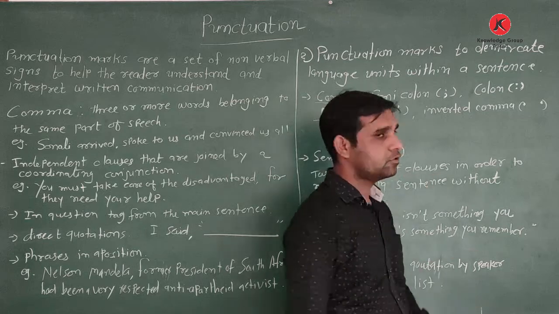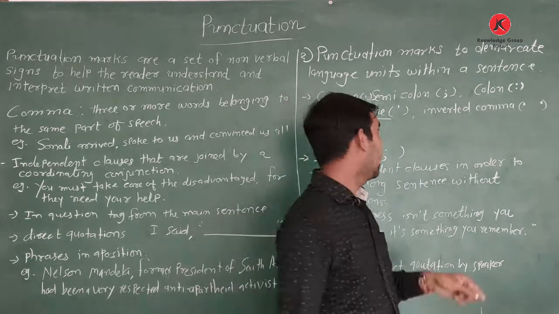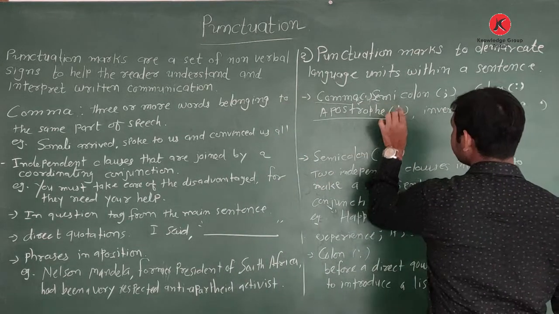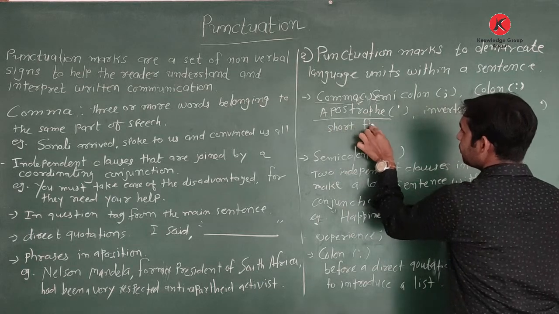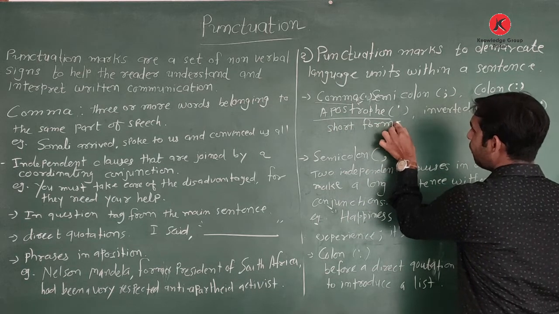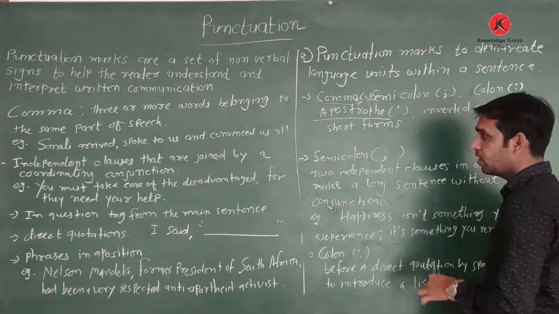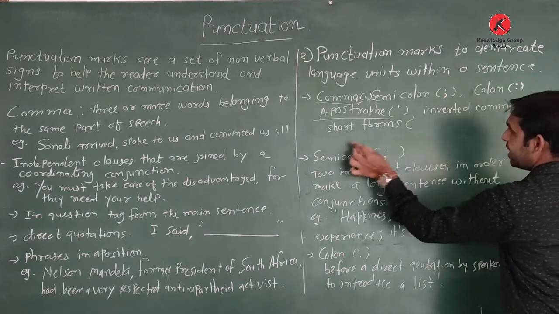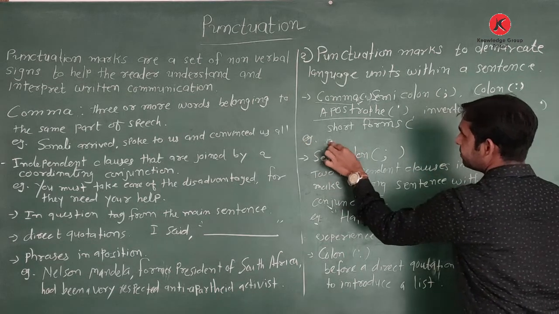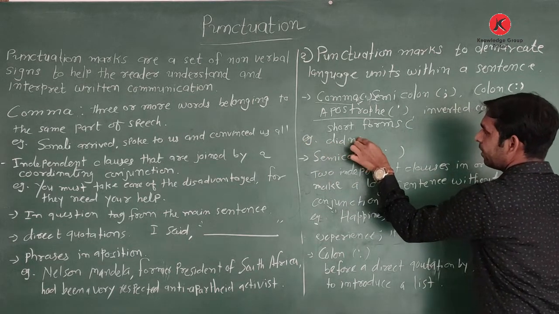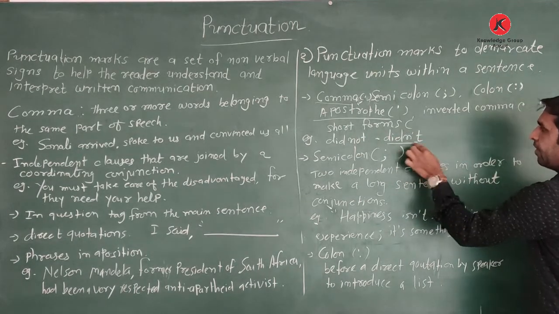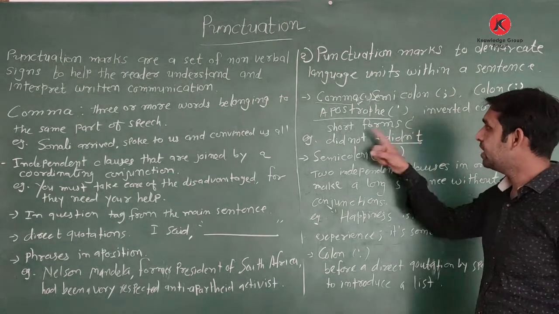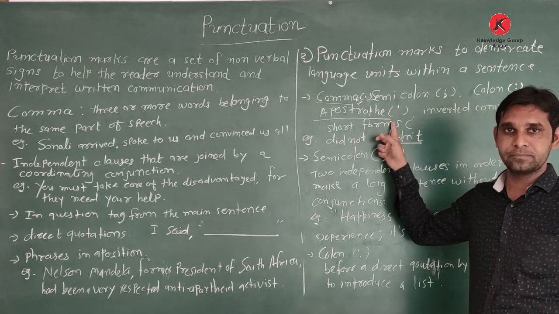Then comes to the apostrophe. Where do we use the apostrophe? In short forms. Where? Short forms of negatives. Just as given in the example here, did not. So I write didn't. Okay? There we use the apostrophe.